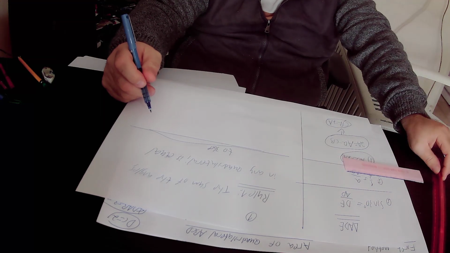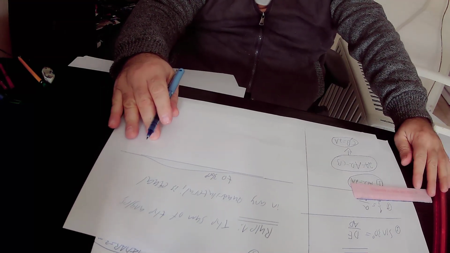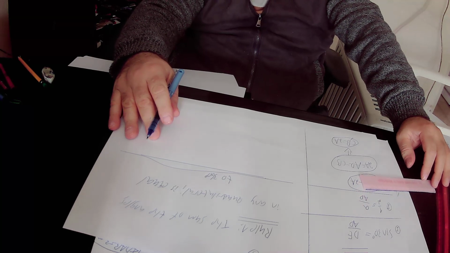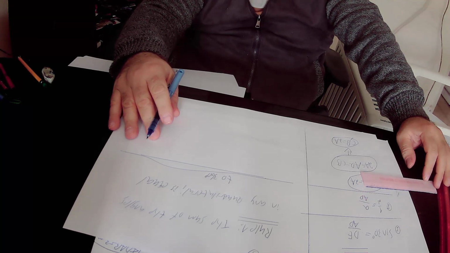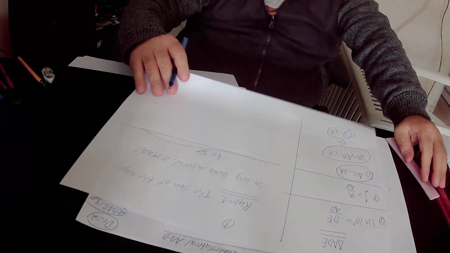I'll repeat again rule number 1. According to rule number 1, the sum of the angles in any quadrilateral is equal to 360 degrees.